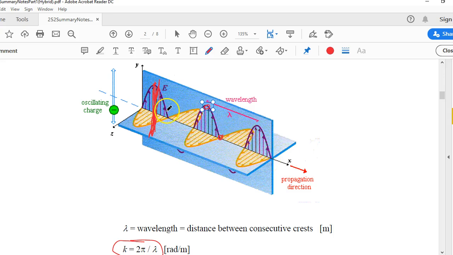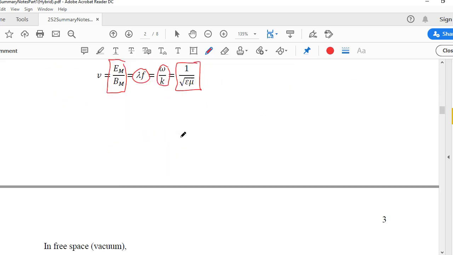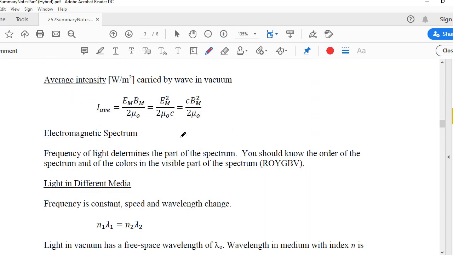However, these frequencies are so high usually, and these speeds are so fast, that that fluctuation is not usually noticed. In fact, almost never noticed unless you're looking at extremely short time scales. So the average intensity is what we're always interested in.